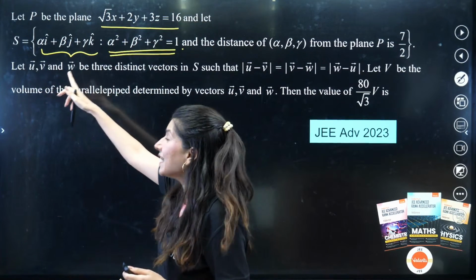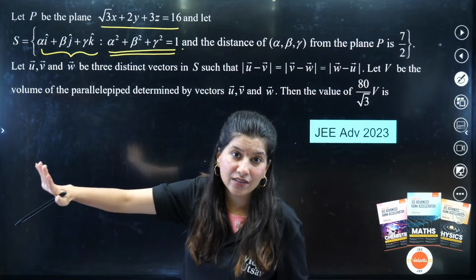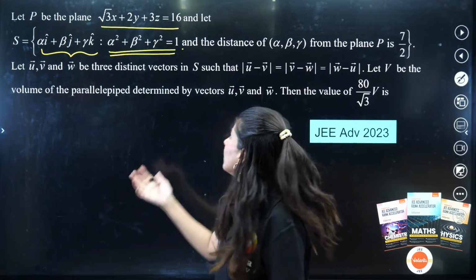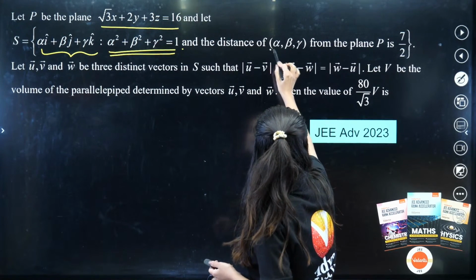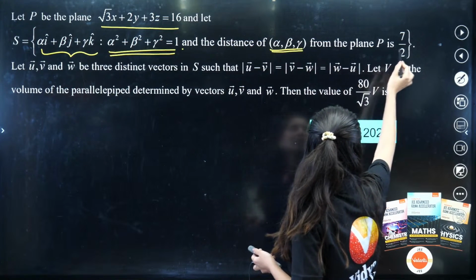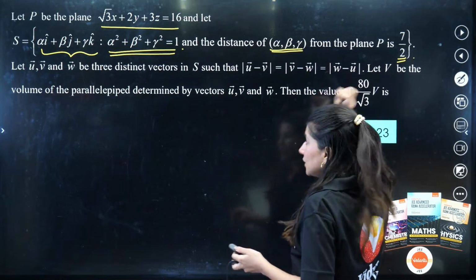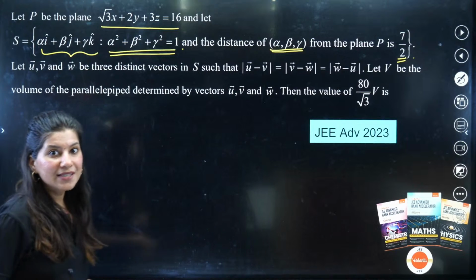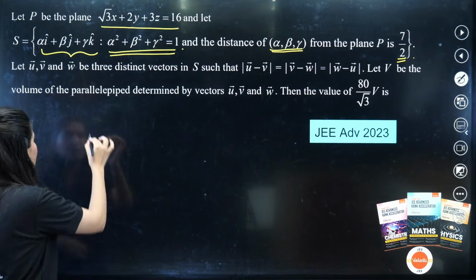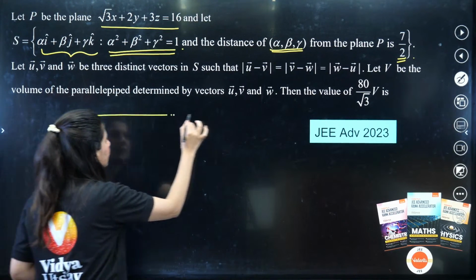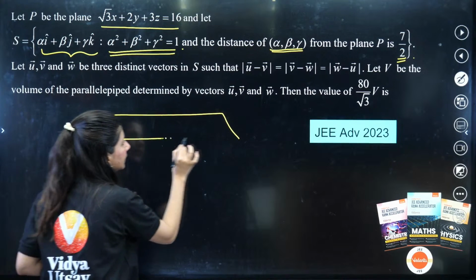That means S is the set of all the vectors which are unit vectors, and the distance of alpha comma beta comma gamma from the plane is 7/2. Till here, please understand what is happening over here. So we have a plane. This is my plane. Clear?